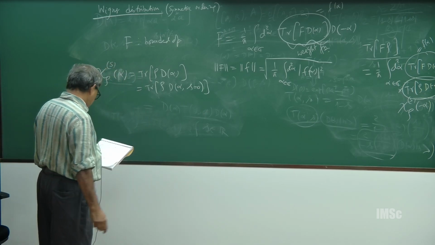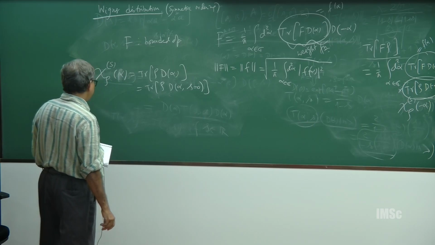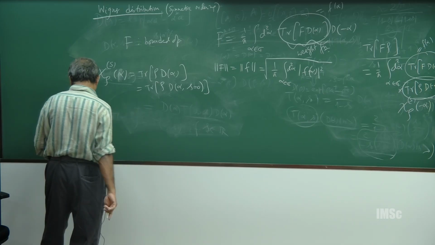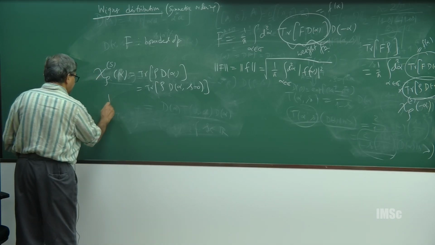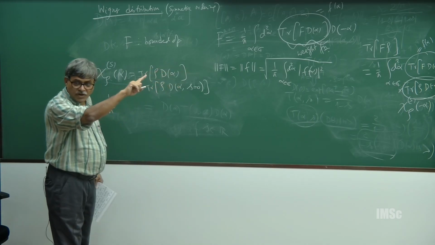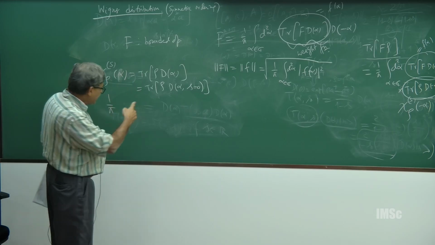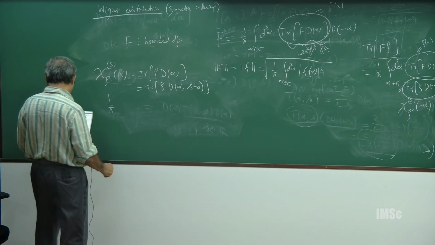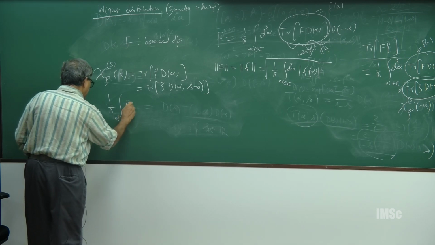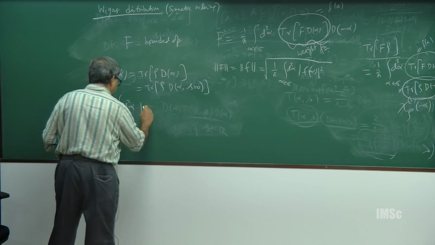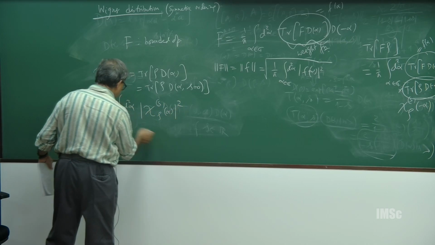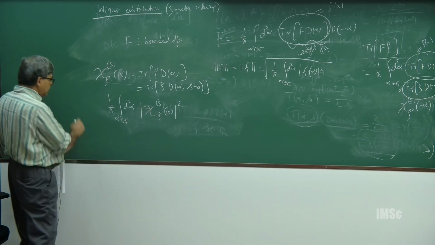Now, this characteristic function has certain properties: it is square integrable. In the case of the P distribution, we did not know whether it is square integrable or not, but in this case it is known that it is square integrable. So, the integral over alpha belonging to C, d square alpha, of mod square of the characteristic function of rho at alpha, is basically my norm.